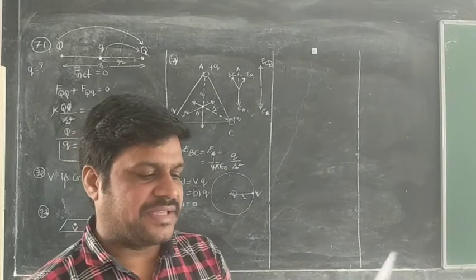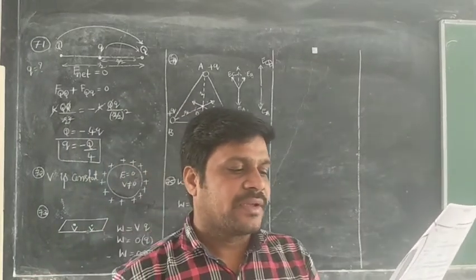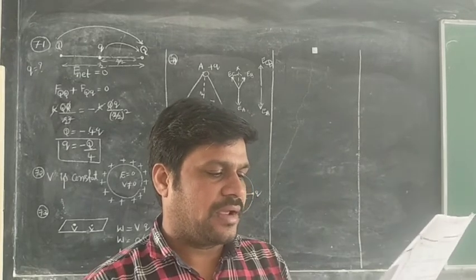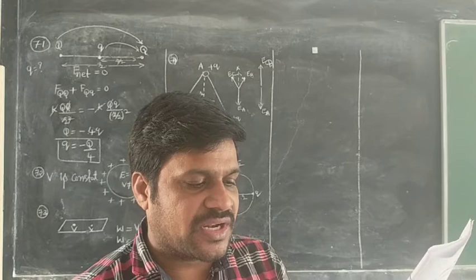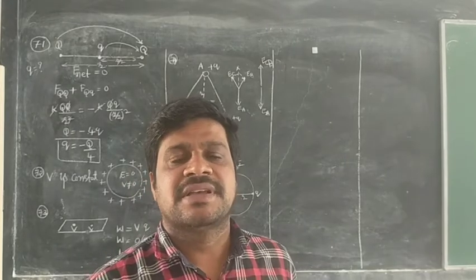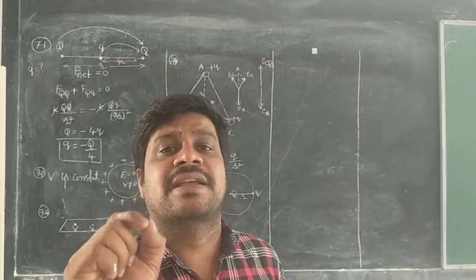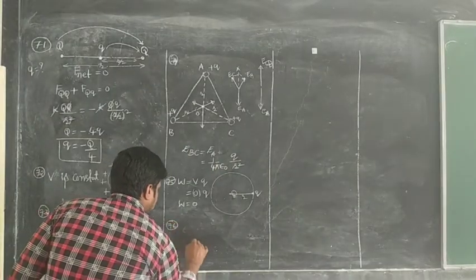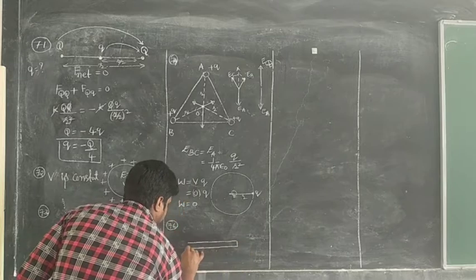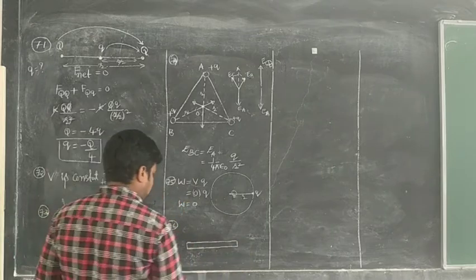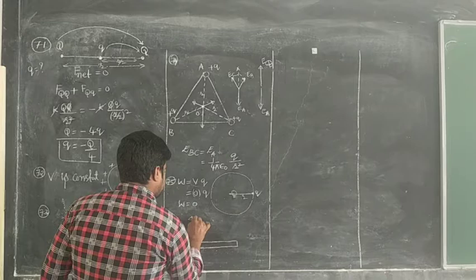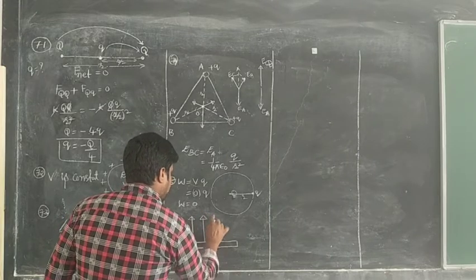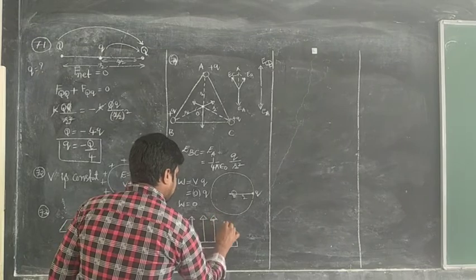Next problem number 76. Angle between the equipotential surface and lines of force. Lines of force means electric field lines. Here you see 76. This is one equipotential surface if you take. On an equipotential surface, electric field lines are always normal to the equipotential surface like this.